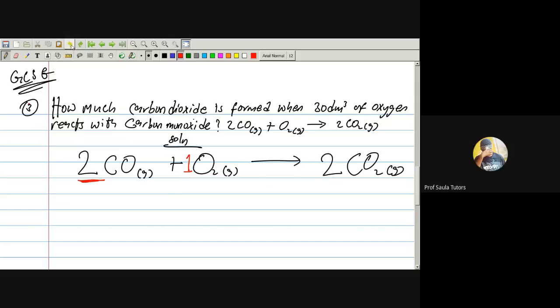Yes, sir. Can you say that? 2 mole of carbon monoxide reacts with 1 mole of oxygen to produce 2 mole of carbon dioxide. Exactly, that is it.